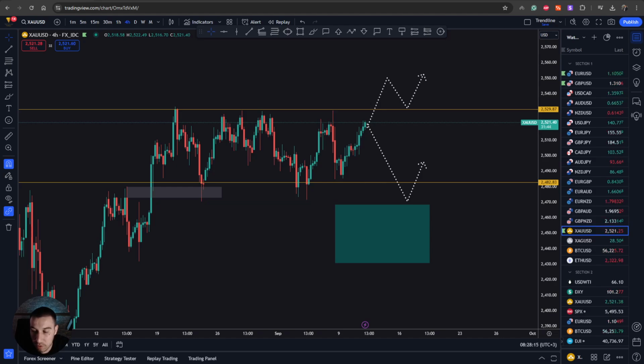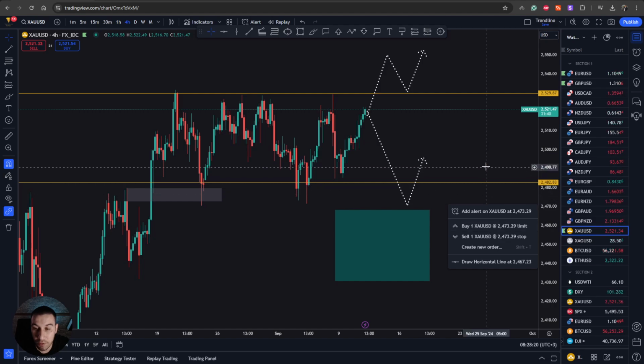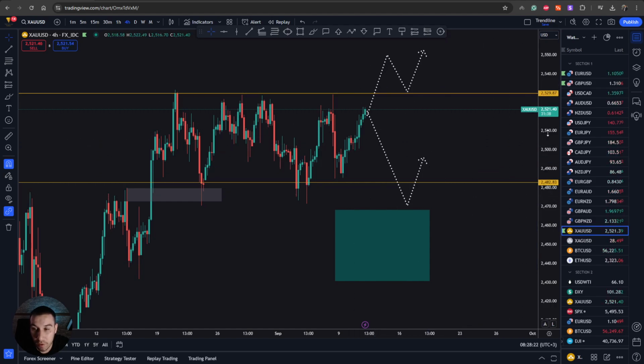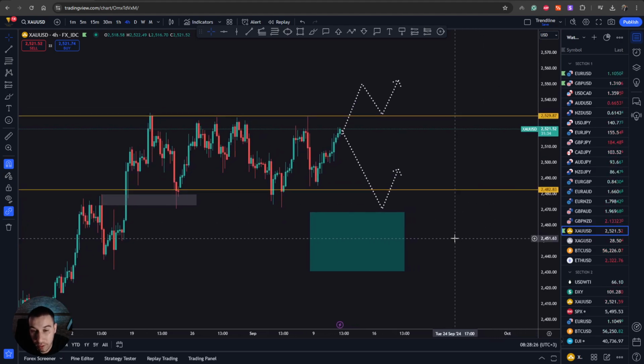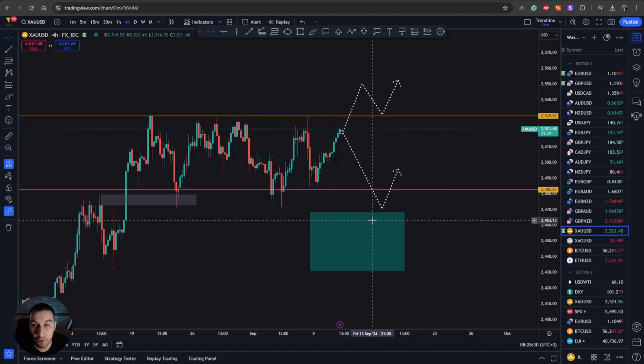Now, I've got a couple of setups that I'm looking for, and I'm definitely looking to buy. Even if I get an entry in the opposite direction, I won't be looking to trade against the trend. I will then give the price action a little bit more time to develop and to form another setup for an upside move.